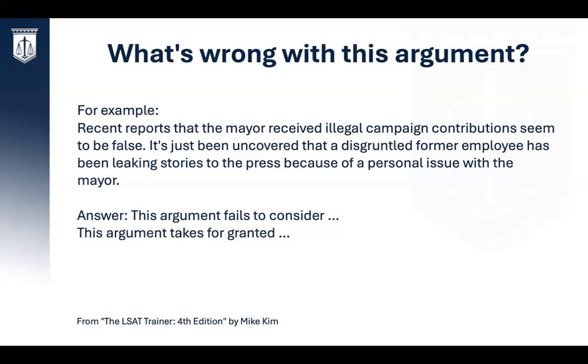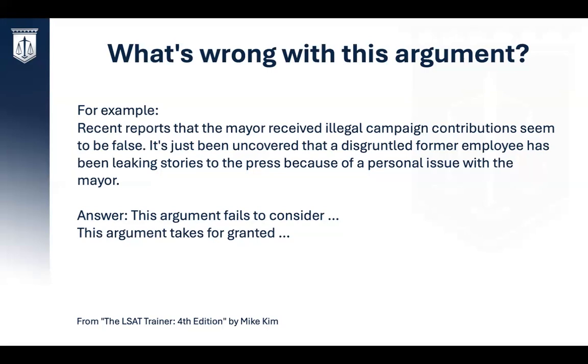Maybe the employee is disgruntled because he found out that the mayor was receiving illegal campaign contributions and he was totally devoted to this man's vision or woman's vision of the world, and finds out that they're a fraud, right? That would create a personal issue with the mayor. But disgruntled employees can tell the truth. It doesn't prove.